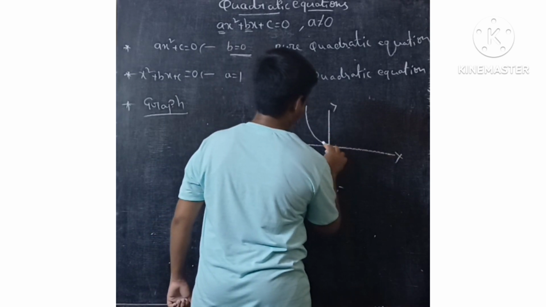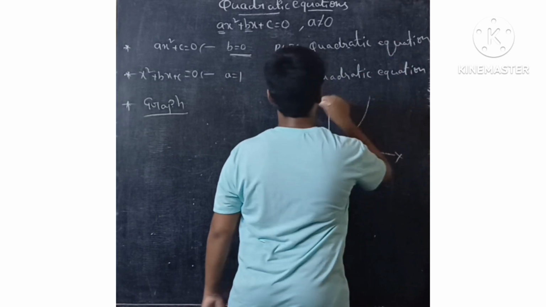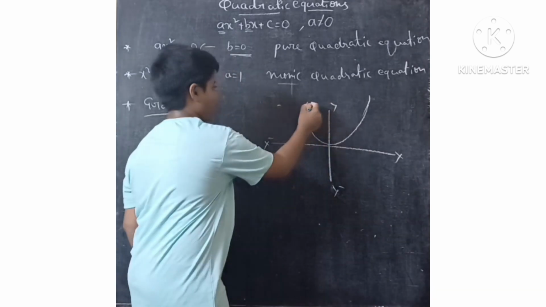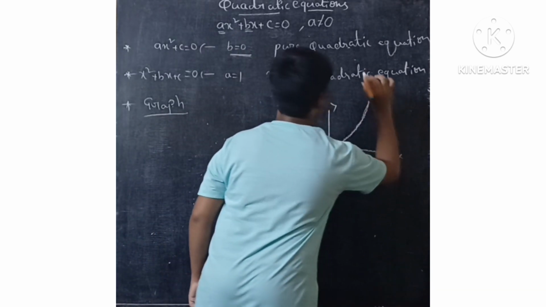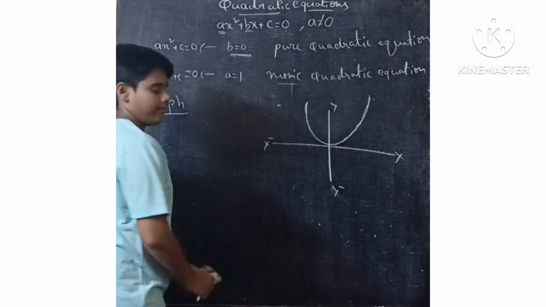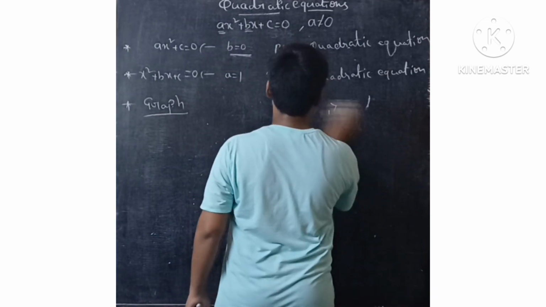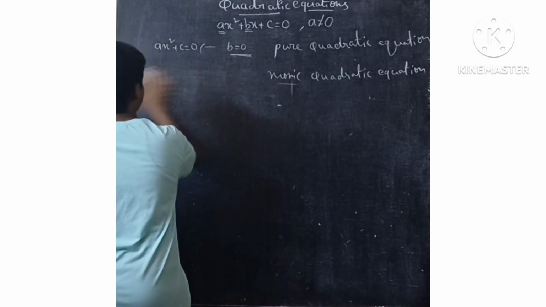Like this it will come, and like this it will go. So this is hyperbola or parabola, sorry. This is parabola. So like this the graph will come. Okay. So this is the graph method, and these are the two important points.